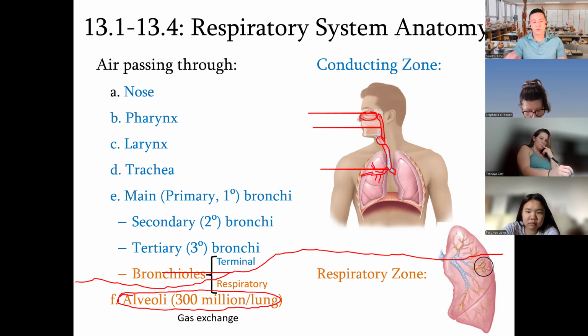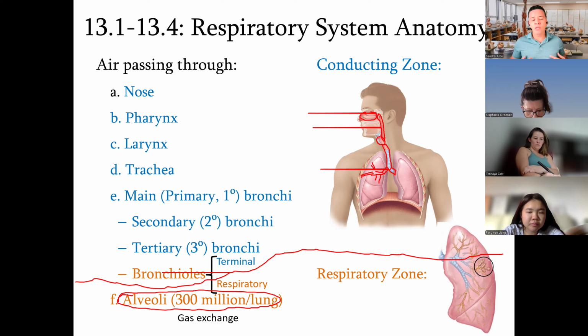All of these are little tubes deep inside of the lungs. After the tertiary bronchi, we get into the bronchioles, which are divided into the terminal bronchioles and the respiratory bronchioles. The terminal bronchioles still belong to the conducting zone, but the respiratory bronchioles belong to the respiratory zone together with the alveoli.